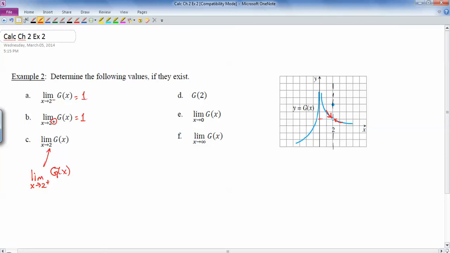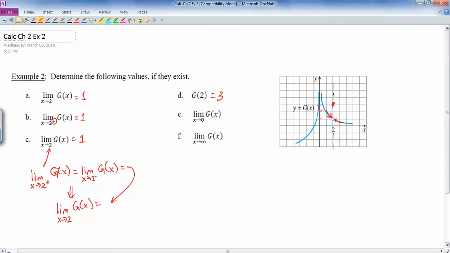If the limit on the right side is the same as the limit on the left side, so if this is the case, then we can just say that the general limit is the same, equals whatever value this is. So since it's 1 on the left and 1 on the right, we can just say that the whole limit's 1. The value of g, though, is up here, so that's 2, 3.